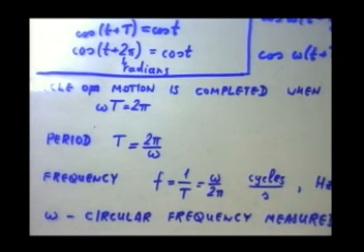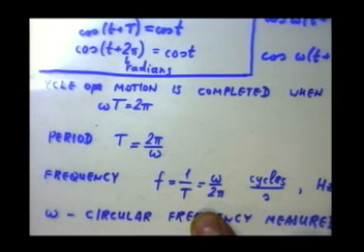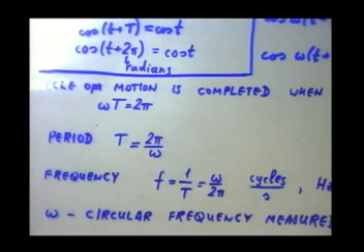Now, frequency is the number of oscillations per unit time. Therefore, it equals 1 divided by the period. That is the frequency: how many repetitions I will have in 1 unit of time.